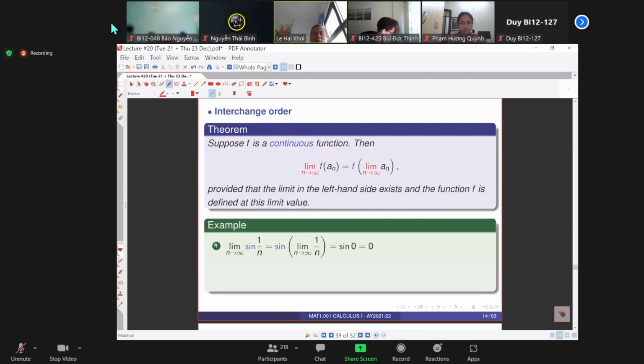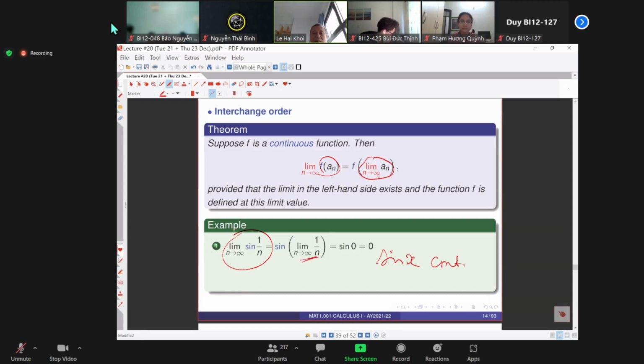So for example, you want to find the limit of sine of 1 over n. Not easy. But in this case, because the function sine of x is continuous, then instead of looking at this limit, you first look at the limit of the inside variable.